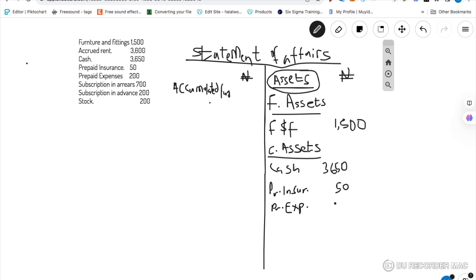Let's go for stock, which is the current asset. So we have stock valued at 200.